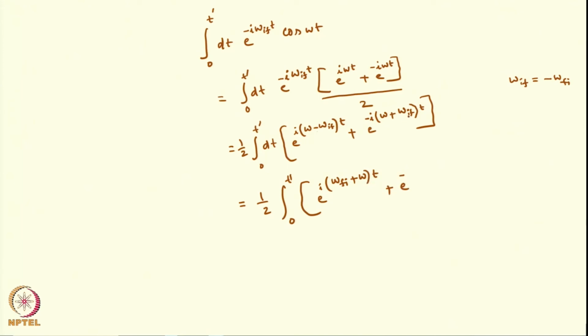Now, this omega fi, if it becomes minus omega fi, I can take minus from outside. So, it will become i into omega fi minus omega t.